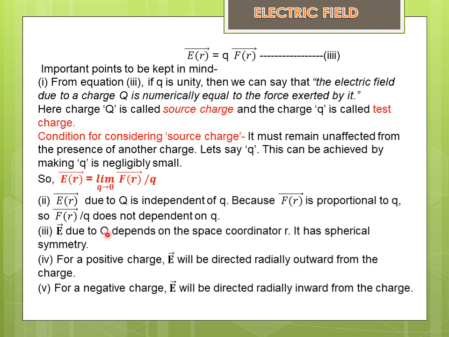Electric field due to Q depends on the space coordinate R, and it has a spherical symmetry. For a positive charge, E will be directed radially outward from the charge, and for a negative charge, it will be directed radially inward.